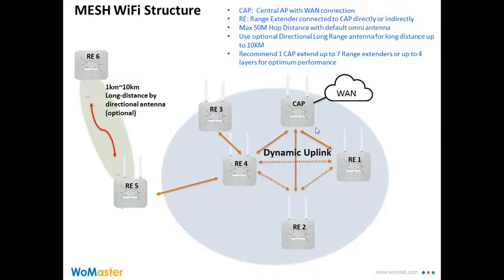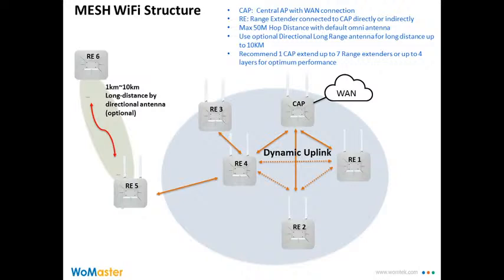Here is the basic mesh network. In the left-hand side, even the maximum distance is around 50 meters with the OMNI antenna. Sometimes, users need to extend the longer distance.